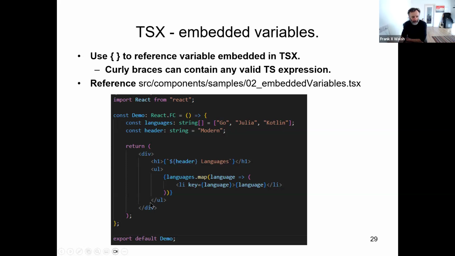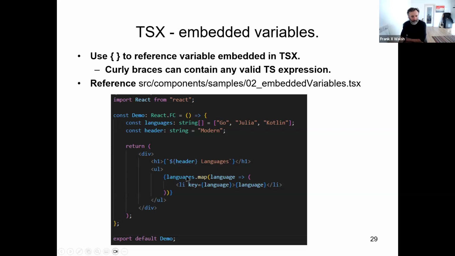And then you can see, look at what I'm returning here. This is our TSX in action. I've got my HTML, and then look in here, I'm using the curly braces to reference a variable embedded in the TypeScript XML. So I can embed variables in our TypeScript XML. You can see it there, header.